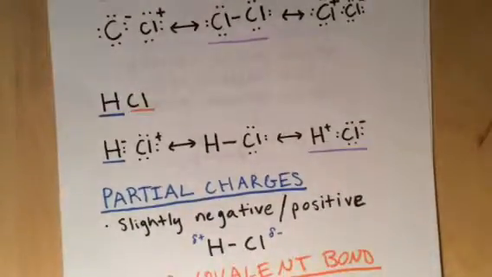With HCl, however, there is a difference in electronegativity, and so the lower energy structure is where the hydrogen is slightly positive and the chlorine atom is slightly negative. The chlorine atom has the greater electronegativity, as seen from the periodic table here.